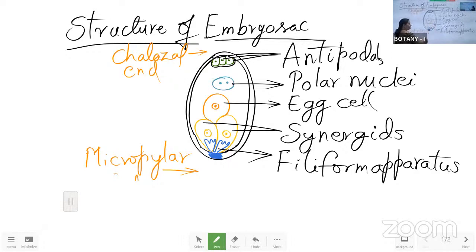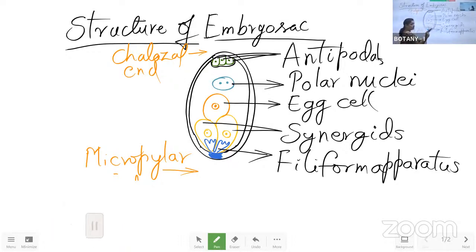So it will release such type of enzymes and it ruptures the tip of the pollen tube so that they can release the male gametes in the embryo sac. So it is not guiding. It makes the free entry of a pollen tube into the embryo sac. If they have written in any material, it's guiding. It's not the guiding. It makes the free entry of a pollen tube into the embryo sac.